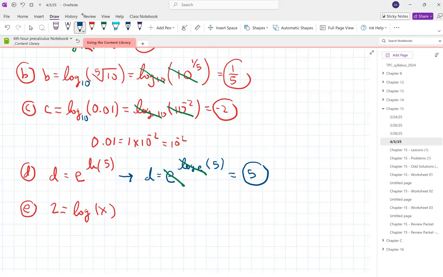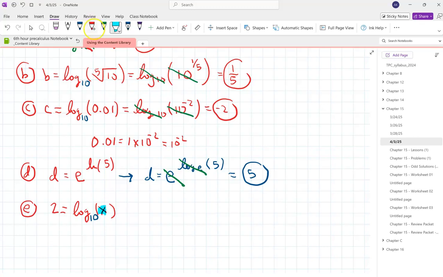So if I look at the next one, we have 2 equals log of x. So I know that log of x is log base 10. So to get that x by itself, I need to cancel out the log base 10, right?